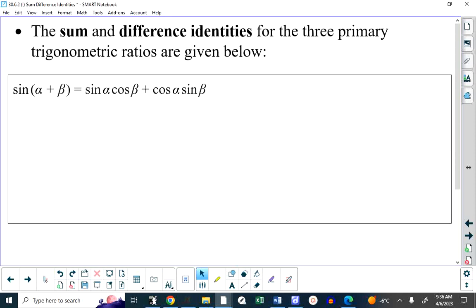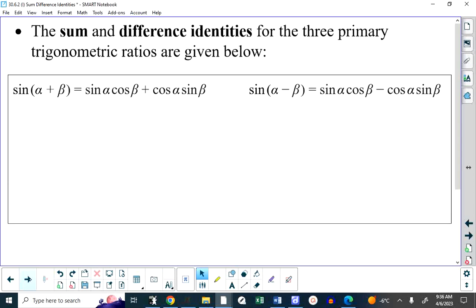Now, I'm going to show you 6 identities here. And even though some of them are going to become so familiar to you that you're confident you know what they are in doing your work, I would highly recommend just double checking at least to begin with, because it's easy to mix them up. The difference identity, the sine of alpha minus beta, is just like the sum identity, but there's a subtraction sign in between.